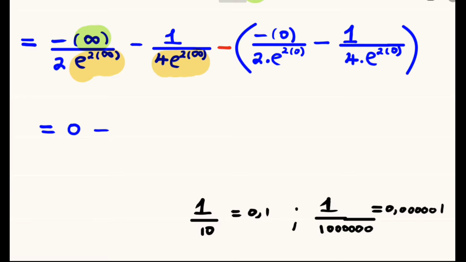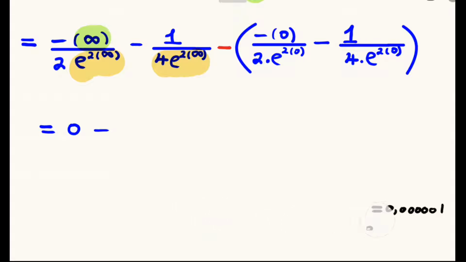So the bigger the number in the denominator, the more this approaches 0. So even that, since it's approaching infinity, it will approach 0. 0 divided by any number will become 0, so that part will be cancelled.